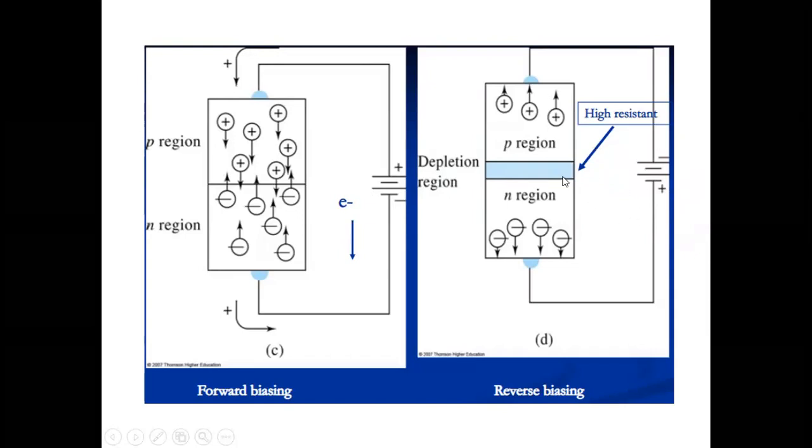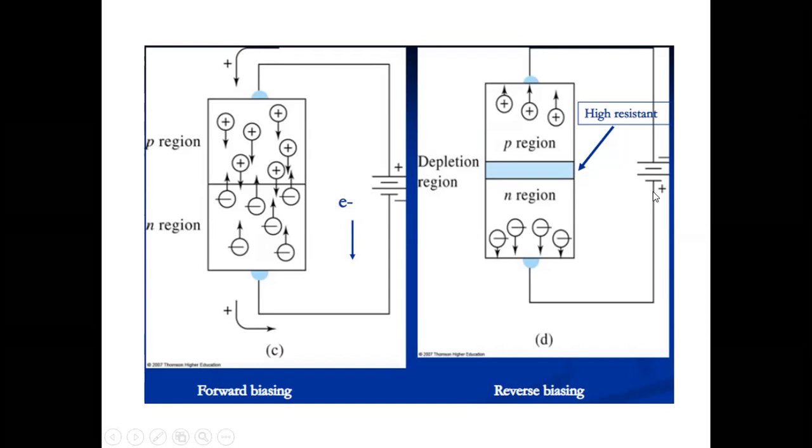The image is not correct. Positive should be this side, negative should be this side. That is correct, but the battery arrangement is not correct. So let's just assume this side is positive and this side is negative.